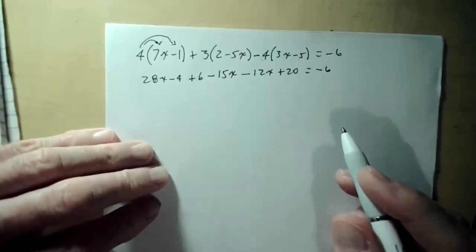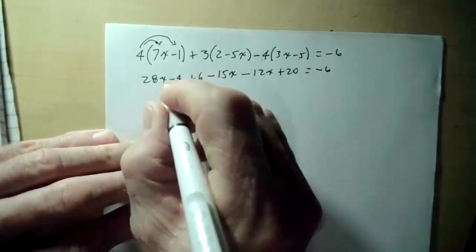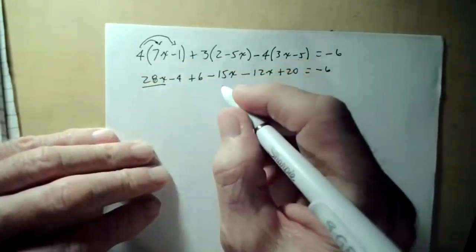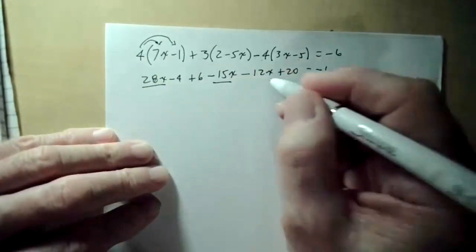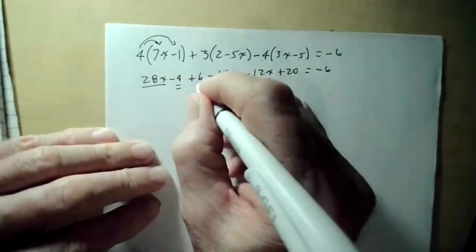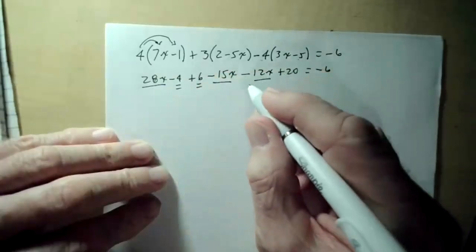Combine the like terms. Too good. Excellent. Combine like terms. Now again, I underline because I'm stupid. 28, the x's, underline, and the numbers.